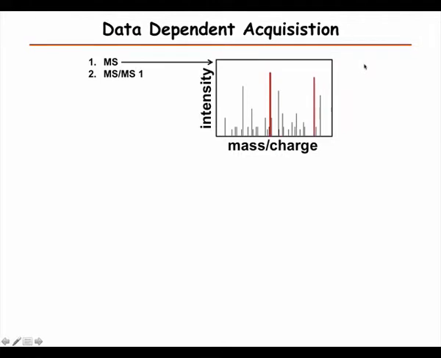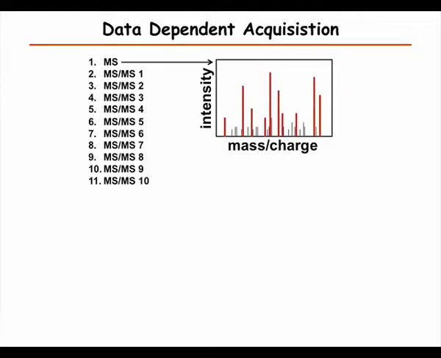So you would take mass spectra, fragmenting them one by one. Depending on which instrument you use, for each survey scan you do maybe 10 fragment mass spectra, or sometimes today with the fastest, I think you can do 20 even.